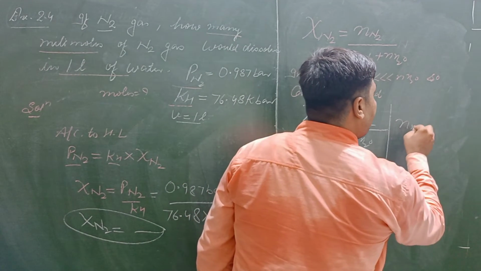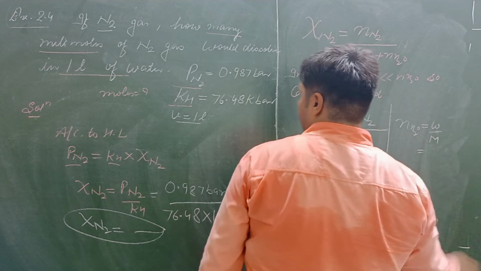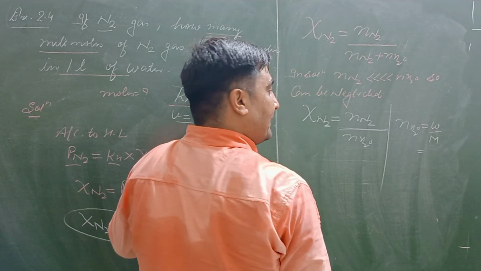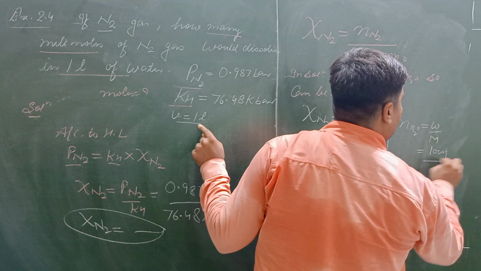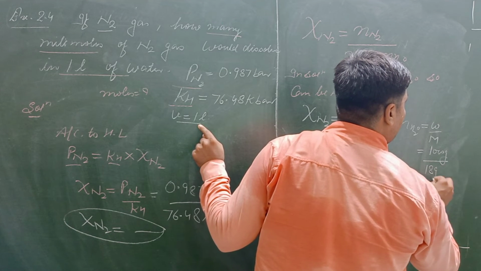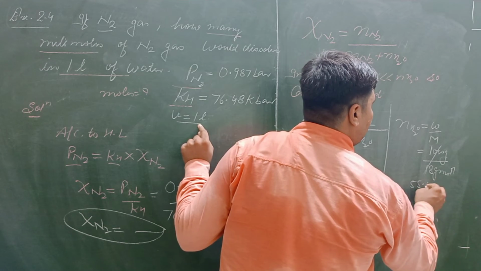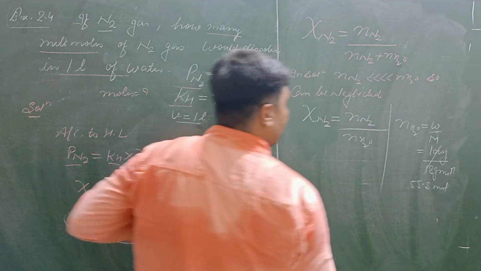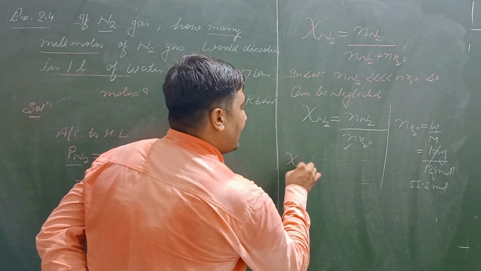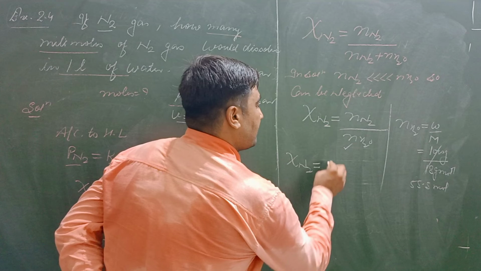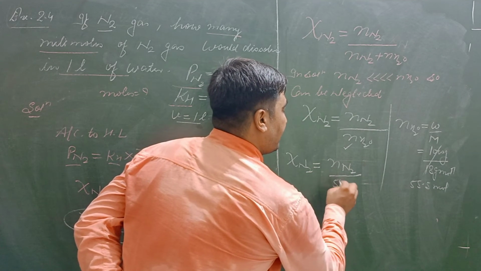Number of moles of water equals given mass by molar mass, and here 1 liter is given. 1 liter or 1 kg, it means 1000 gram divided by 18 gram per mole, it will be 55.5 mole. So by putting the value of number of moles of water here, we get mole fraction of nitrogen equals number of moles of nitrogen divided by 55.5.